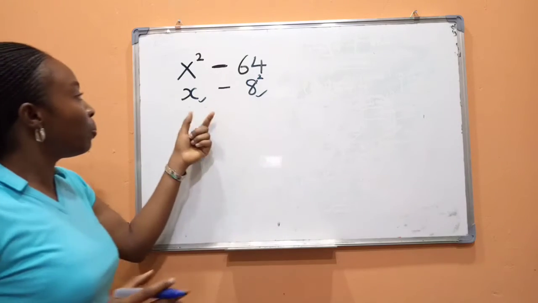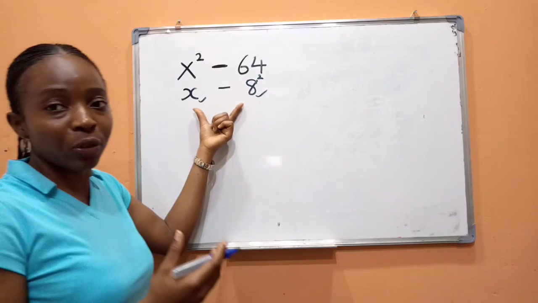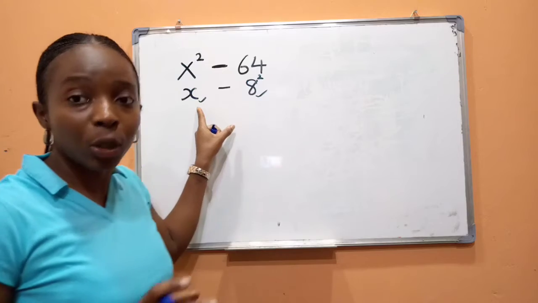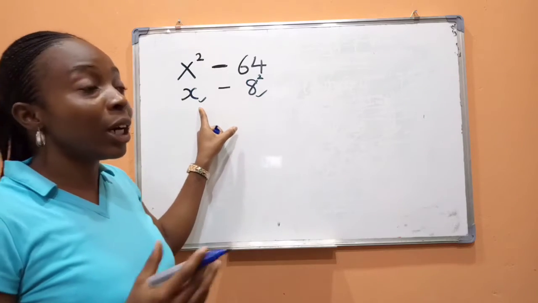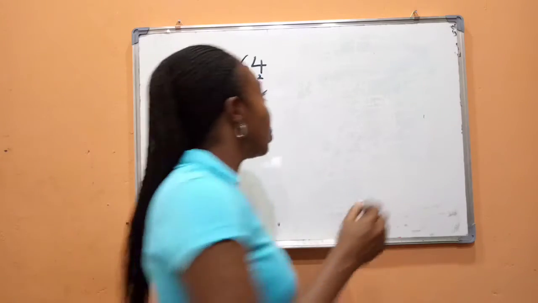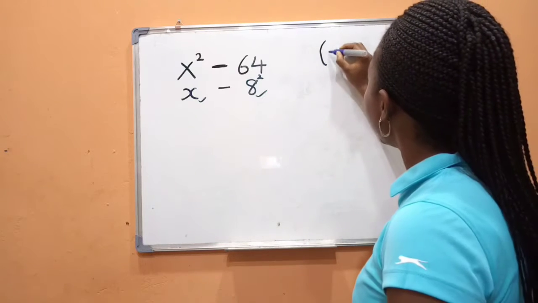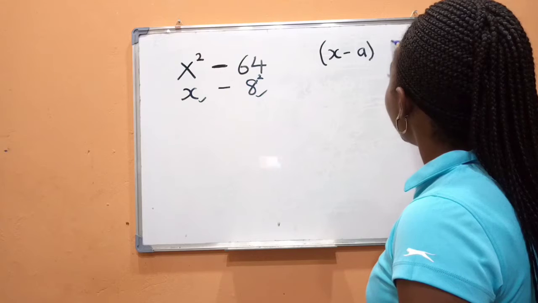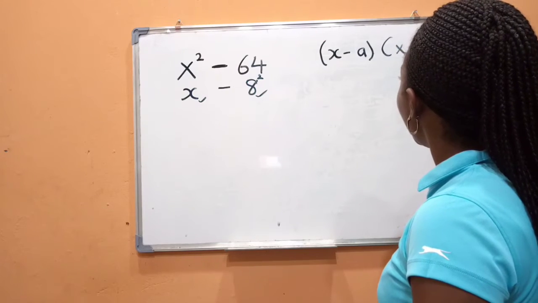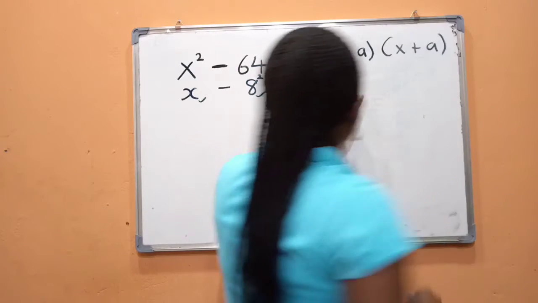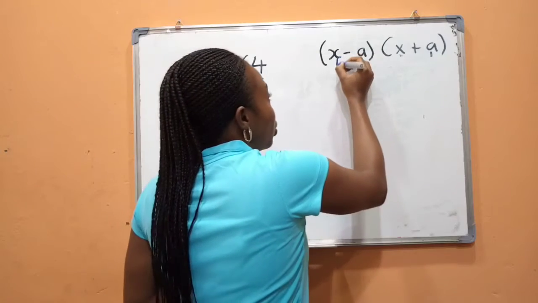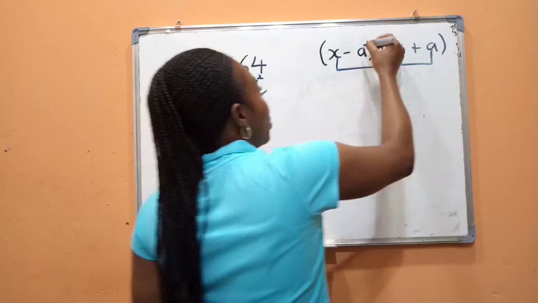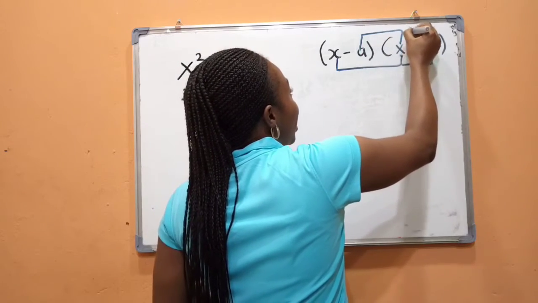So from this point we can go about factorizing it. It's absolutely easy, but for us to understand how to factorize it, let's take a look at multiplication of binomials. If we have x minus a, then x plus a, we use x to multiply both terms, and use a to multiply both terms.